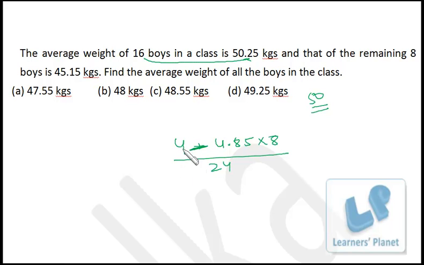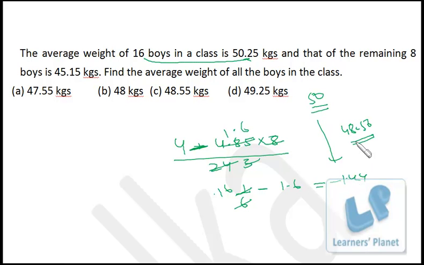So 4 by 24 is 1 by 6, minus 4.85 divided by 3, and this is around 1.6. So 1 by 6 is actually 0.16. So 0.16 minus 1.6 will give us minus 1.44. So the average will be 50 minus 1.44, so 48.55. Right? Pretty simple.